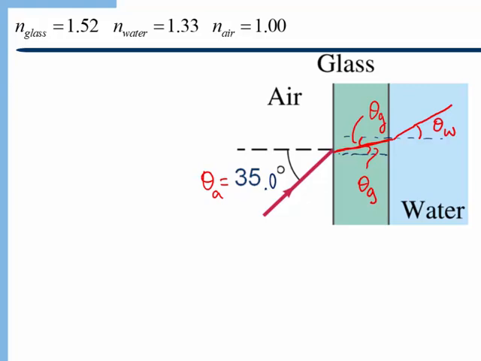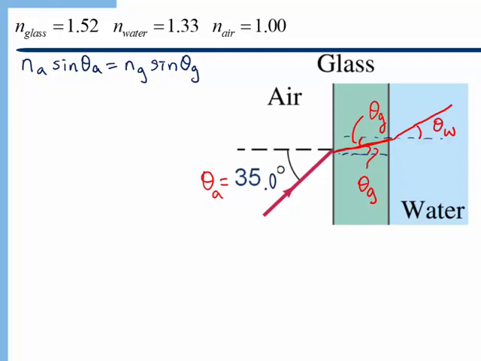So I'm going to write out Snell's law for the first part of the problem, which is going from air to glass. I'm going to write it this way: n air sine theta air has to be equal to n glass sine theta glass. So I could use Snell's law to calculate theta g, the angle in the glass. Before I do that, let me look at the second part of the problem. Now I'm going from glass to water.